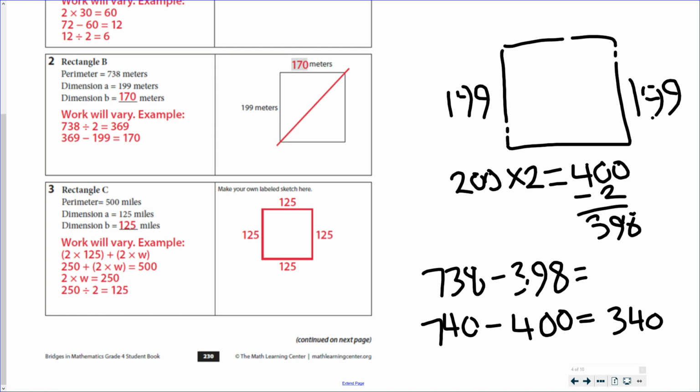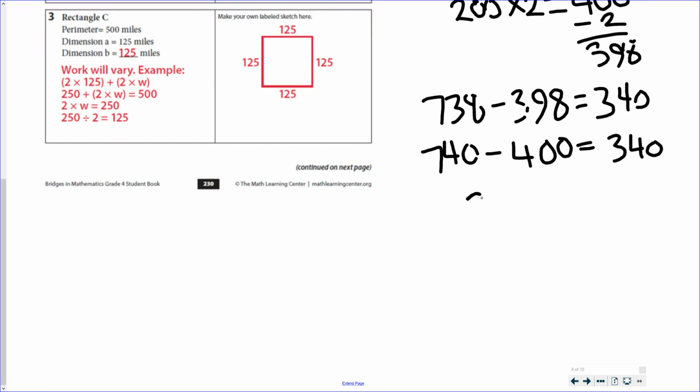If you were to work this problem up here, you would notice that 738 minus 398 is also 340. They're the same. It's just a bit easier to work this type of problem down here. And then the last thing, of course, we would take that 340 and we would divide it by 2.